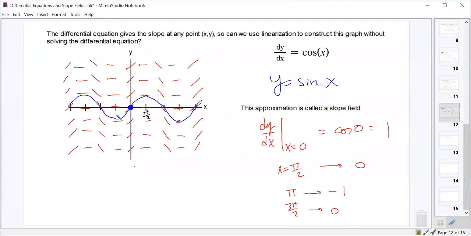So this should look exactly like a sine curve, not like a cosine curve, although obviously sine and cosine curves are related and very similar. Specifically, this one looks just like a sine curve, which is the solution to the differential equation. Does that make sense? Or no? Yeah. Cool.